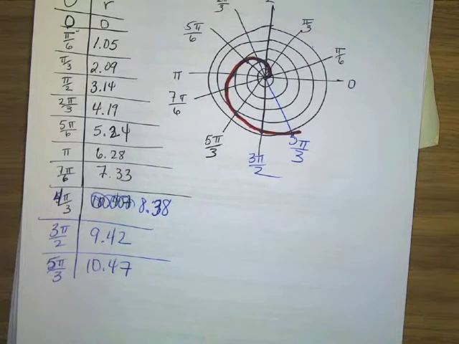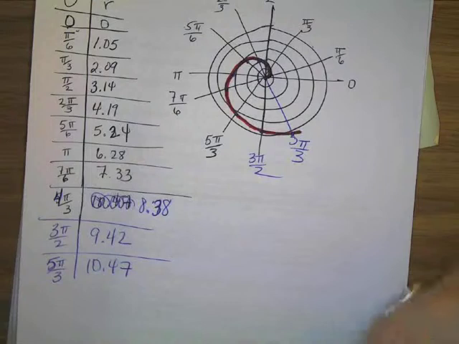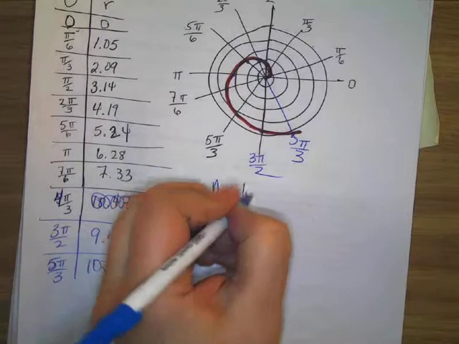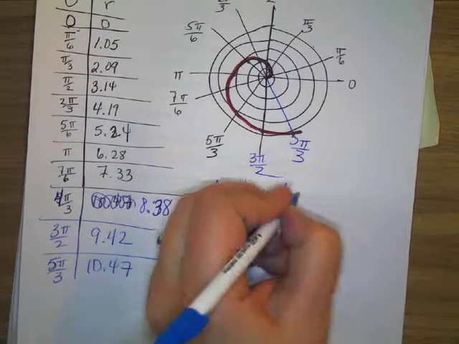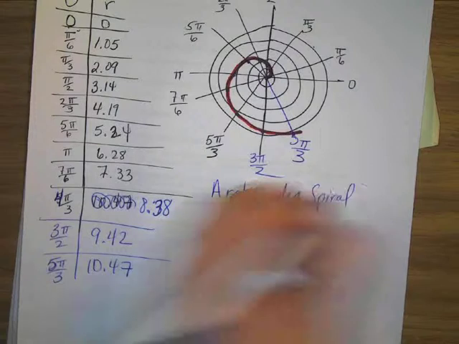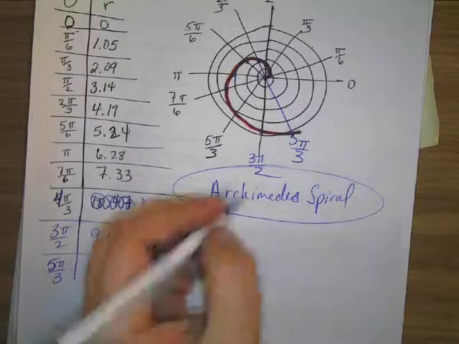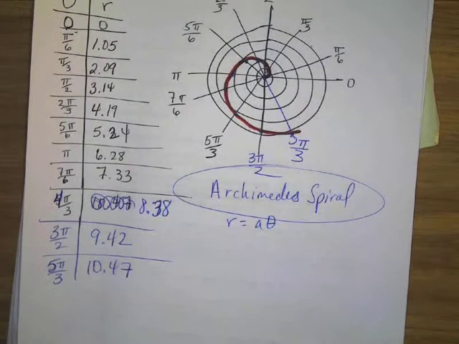So what shape is that? It's a spiral. Almost all of these actually have special names. This is the Archimedes spiral. So anything that looks like r equals some number times theta is going to give you an Archimedes spiral. So that's one of them. Let's do another one. We'll do another point by point, and then I'll teach you rapid sketch.